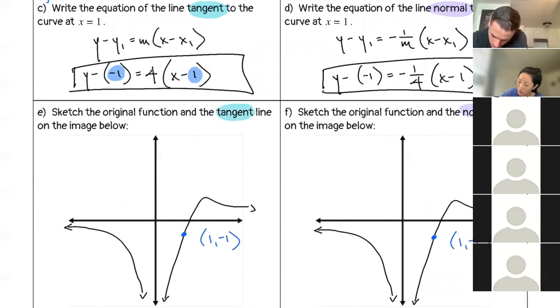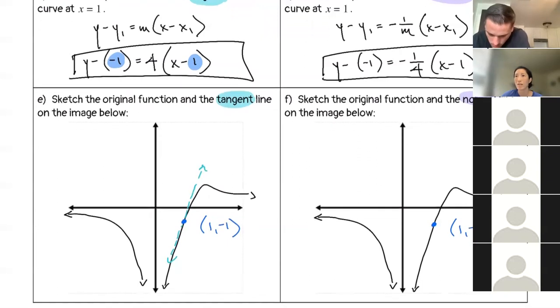And all we're going to do to sketch that tangent line, once we have that point, we can go ahead and draw a line that just touches the curve in one place, but it follows the shape of the curve.